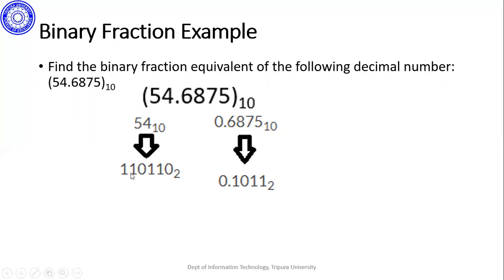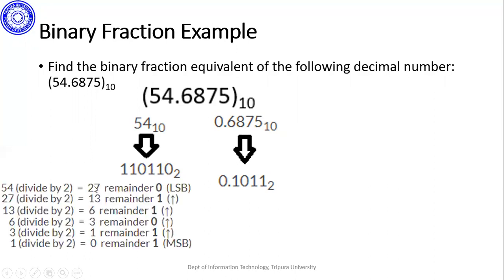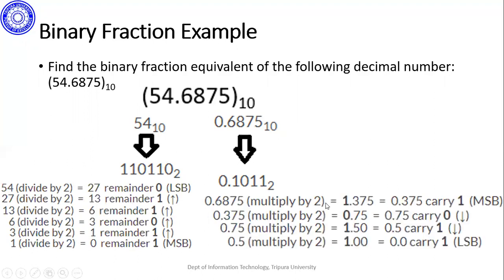54 base 10 is equal to 110110 base 2. How? This way, 54 divided by 2. This you already have done when we were discussing the binary number system. And this 0.6875 is multiplied by 2. So on one side we are dividing by 2, and on this side we are multiplying by 2, just the vice versa of each other.